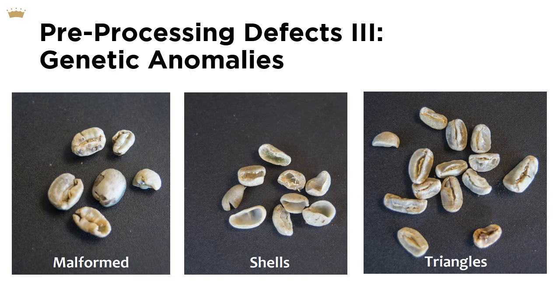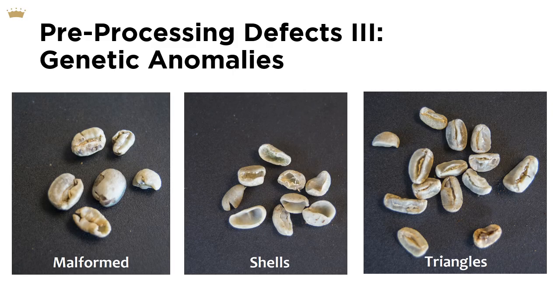Anecdotally, I've noticed that SL28 and SL34 coffees, most frequently grown in Kenya, tend to have a higher probability of containing shells. In the field, I've heard it occasionally theorized that genetic flaws in green coffee might be exacerbated by nutritional anomalies, like the presence of too much phosphorus in the soil, or in applications like fertilizers, for example.